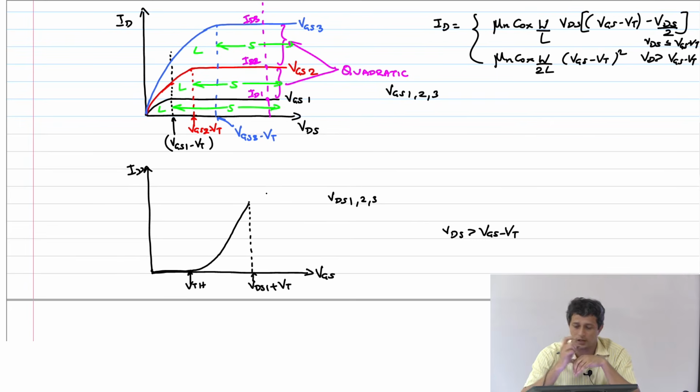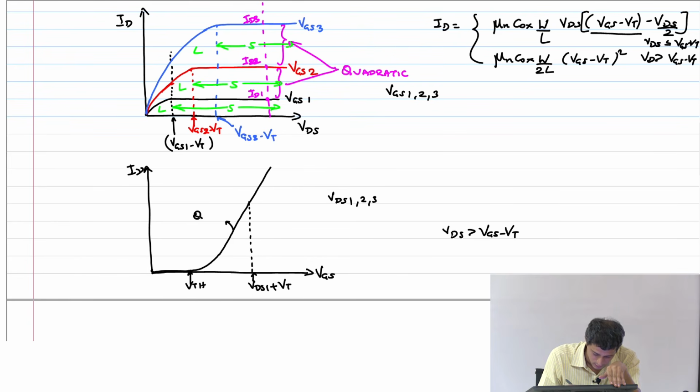it's a linear thing. Look at this equation. As a function of VGS, there is only a linear term. This will simply go linearly. Let me draw it nicely. Okay, since I am not able to show it, let me explicitly write it. This is quadratic.